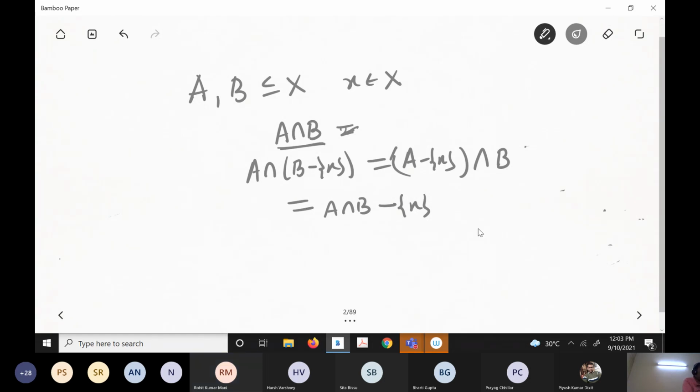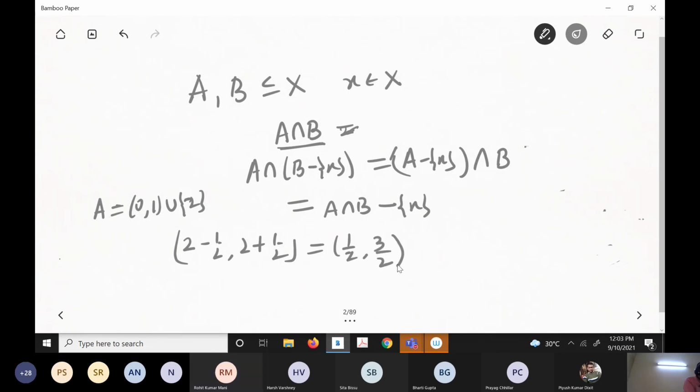Now look at 2. Though 2 itself belongs to A, if I take a neighborhood of it, its intersection with A is just 2, not other than 2.